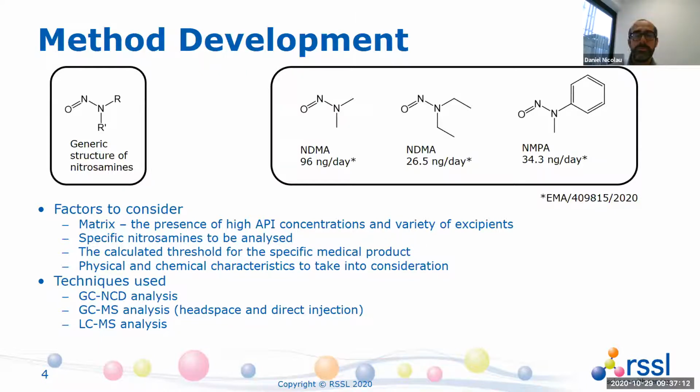Traditionally, there are a number of techniques that can be used for determining nitrosamines in food and pharmaceuticals, and they include the GC-NCD, or nitrogen chemiluminescence detector, which is a very useful detector because it's very specific for nitrogen-based compounds, but may not necessarily be quite so sensitive, or your product may not be compatible in order for your sample preparation to be analyzed on that technique.